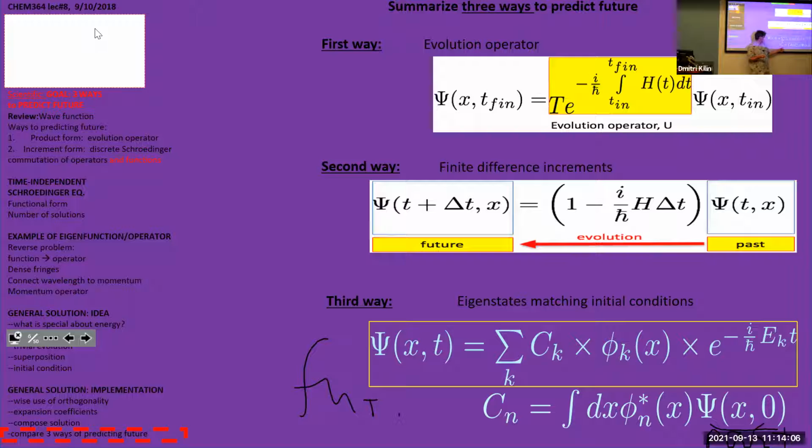Now, this number will serve as an input for this dark yellow box. And it tells that the wave function of the future equals this C sub k, which inherits information about the past, times the time-independent eigenfunctions, times the exponential accumulation of phase. So is it reasonable? Is it completely nonsense, or you don't care?